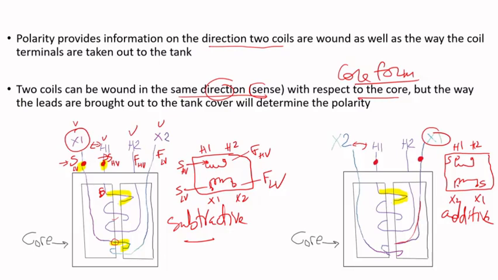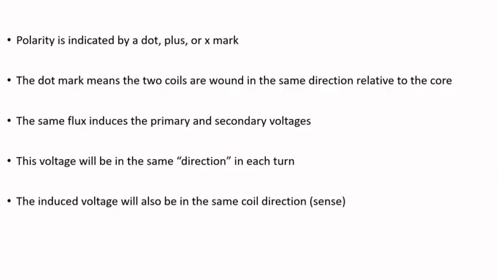So polarity, basically, you look at the coils. The coils, high voltage or low voltage, can be wound in the same direction, but the way you take the terminal leads, H1, H2, X1, X2, out to the tank cover, that's what will determine subtractive versus additive.